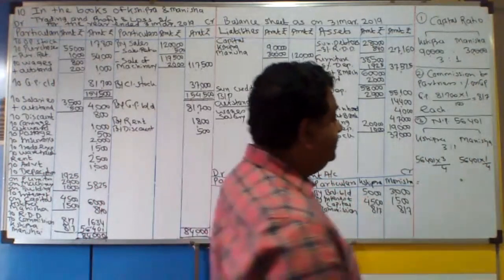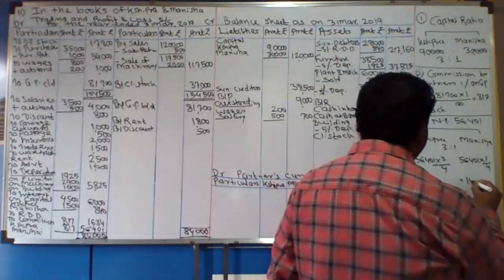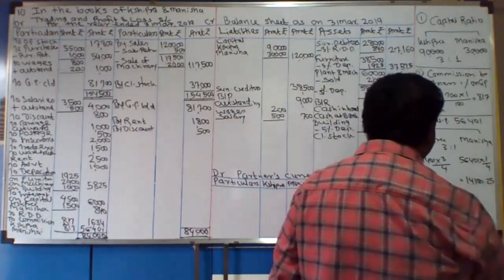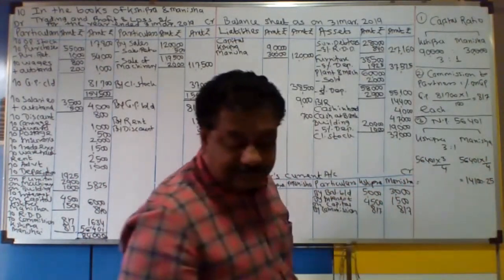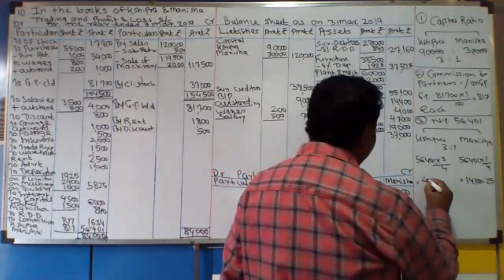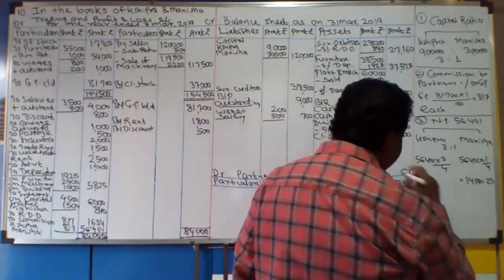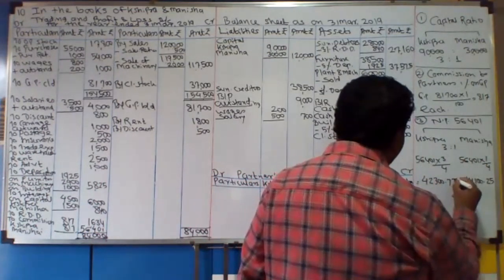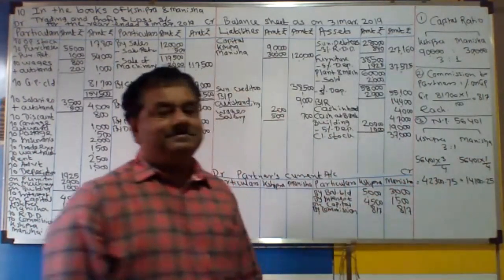It is coming 14,100.25, and this is becoming 42,300.75.